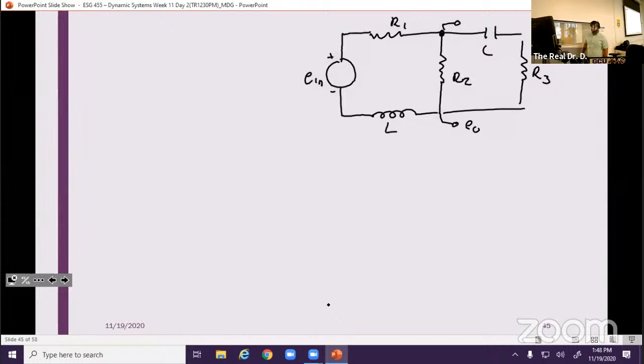And just for completeness, I've got two nodes here, A and B. IR1, IR2, IL, IC. And two KVLs, left-hand side and right-hand side. That's what I've got.